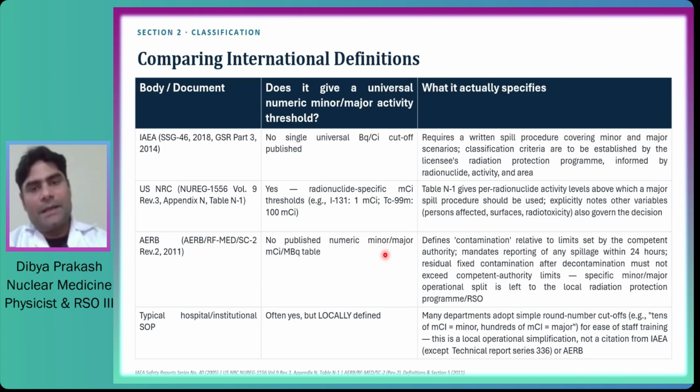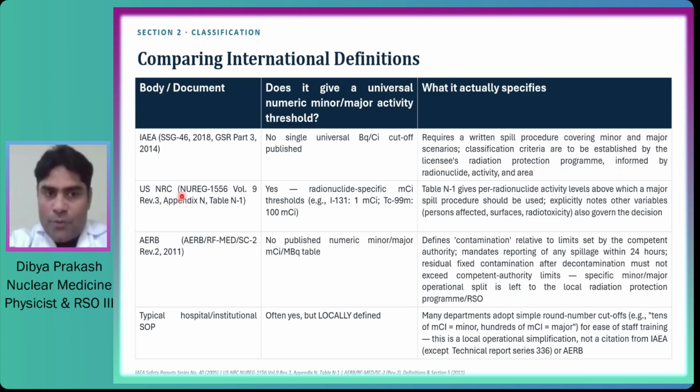In general, whatever GSR Part 3 and NSSC general guidelines there are, they do not clearly say what is major and what is minor. I'll show you the screenshots. They say it requires a written spill procedure covering minor and major scenarios. Classification criteria are to be established by the licensee's radiation protection program, informed by radionuclide radiotoxicity and the area. So locally, it has to be defined.